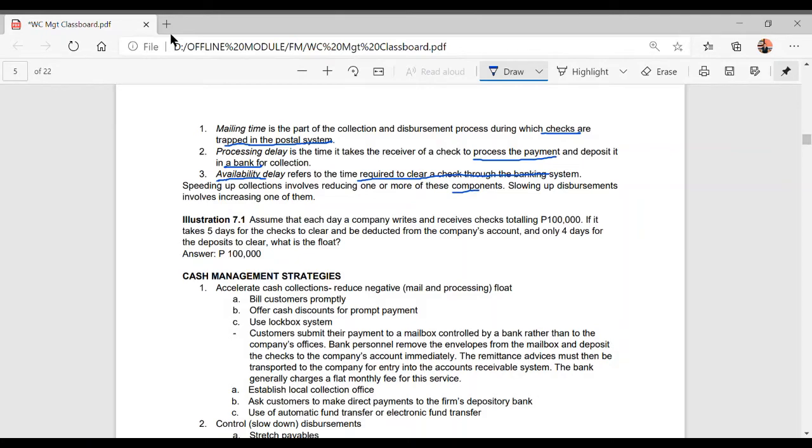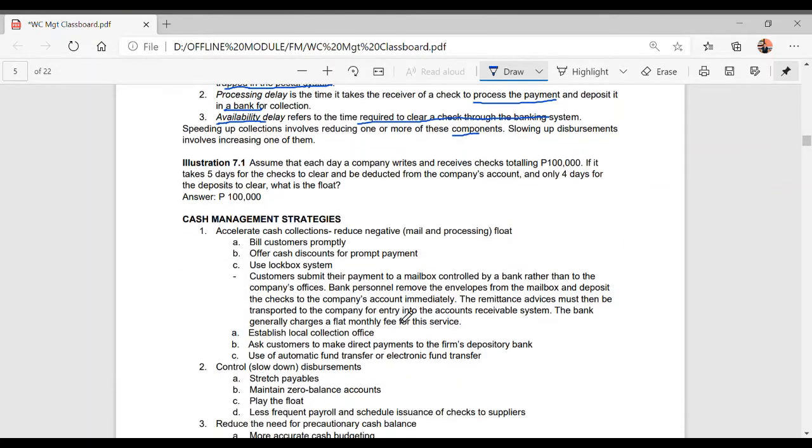Okay? And then example, assume that each day a company writes and receives checks totaling 100,000. If it takes 5 days for the checks to clear and be deducted from the company's account, and then only 4 days for the deposits to clear, what is the float?